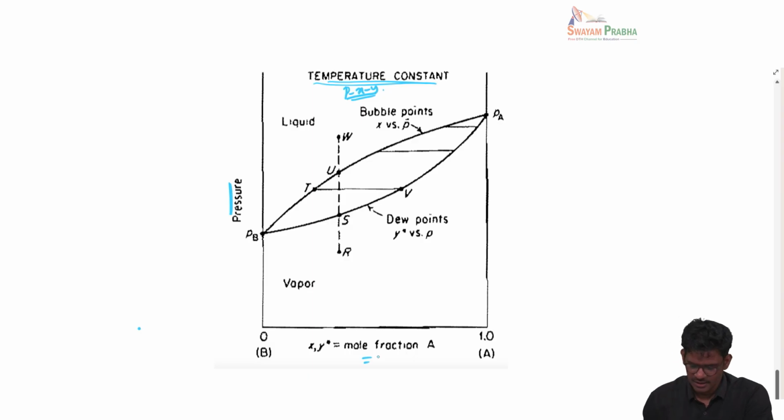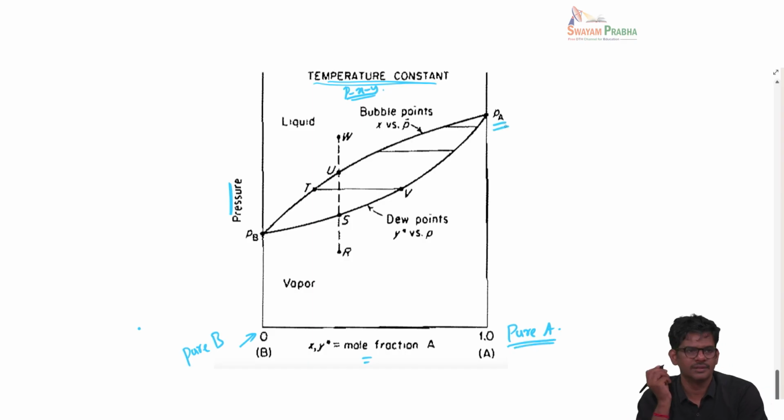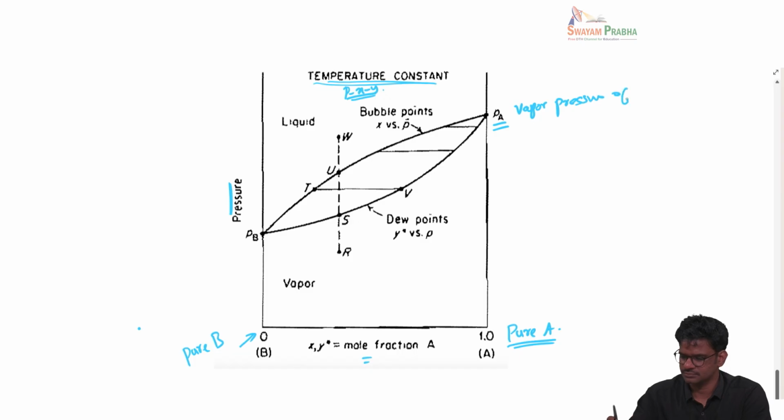So here x and y equal to 0 means pure B, and x and y equal to 1 means pure A. When you have pure A, this phase equilibrium line terminates at the vapor pressure of A. This vapor pressure of A corresponds to the temperature that you have held constant.